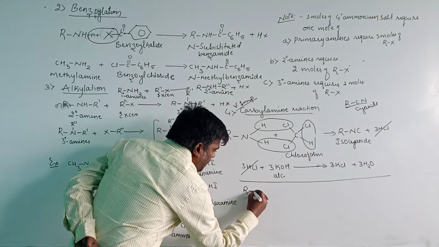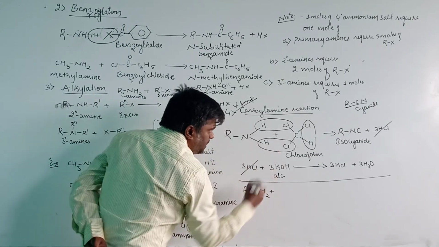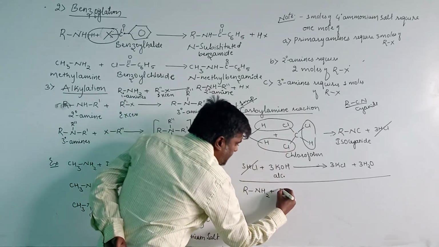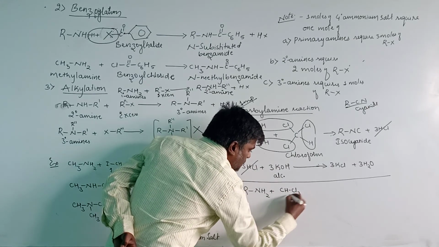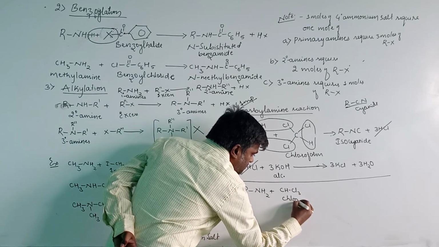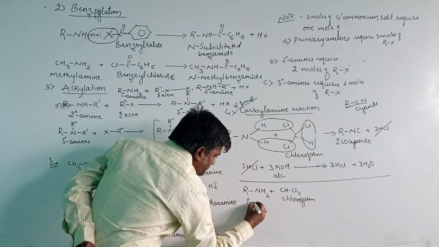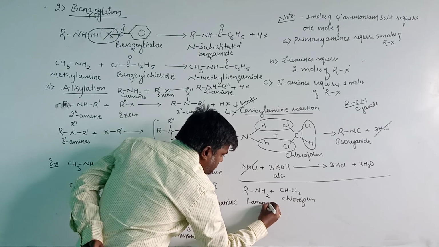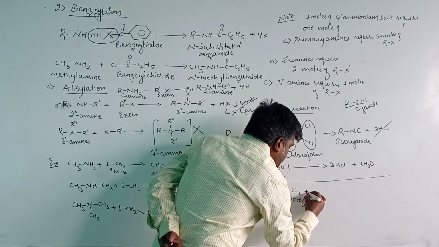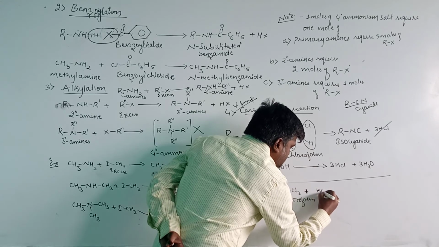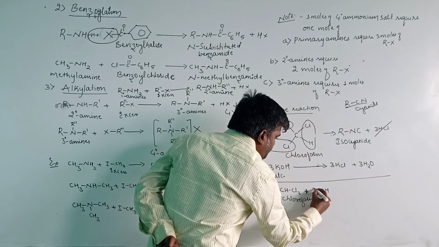When we take this reaction, the hydrogen chloride cancels, and you can write directly RNH2 plus CHCl3, chloroform. Here we are taking the primary amine and treating it with potassium hydroxide, 3 KOH.